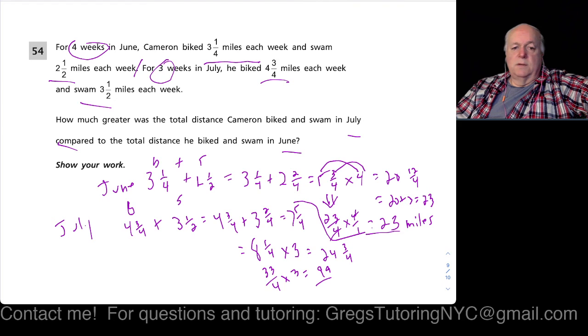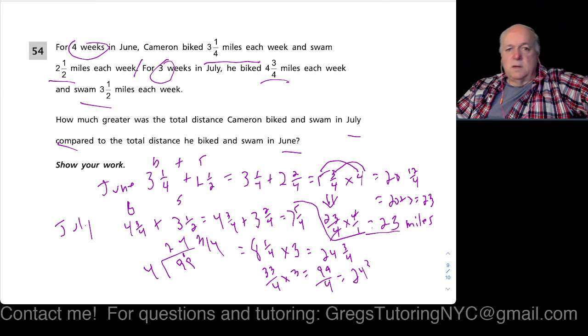Okay, and that equals, if we map that back into a mixed fraction, 4 goes into 9 twice. We get 8 with 1 left over, right? 4 times 4 is 16. And then we have 3 left over. So in both cases, we get 24 3/4.